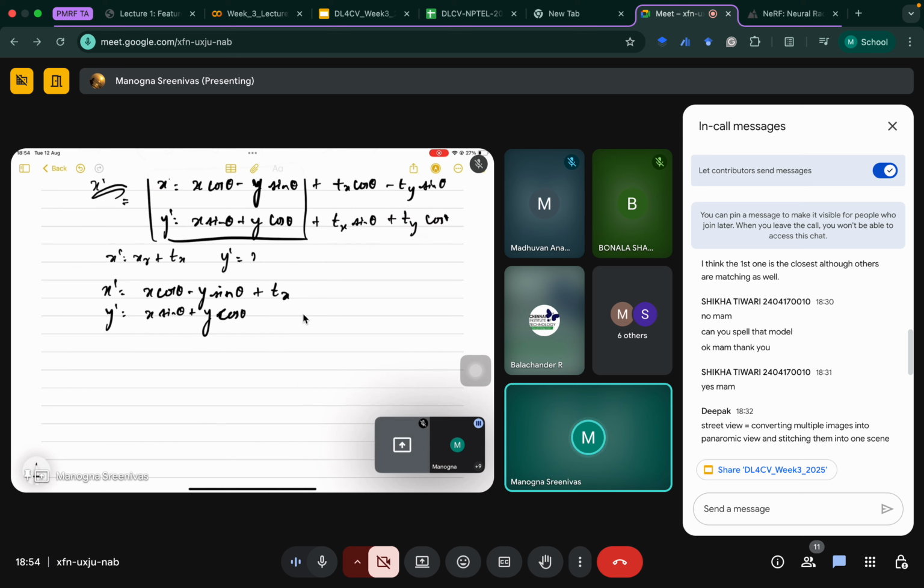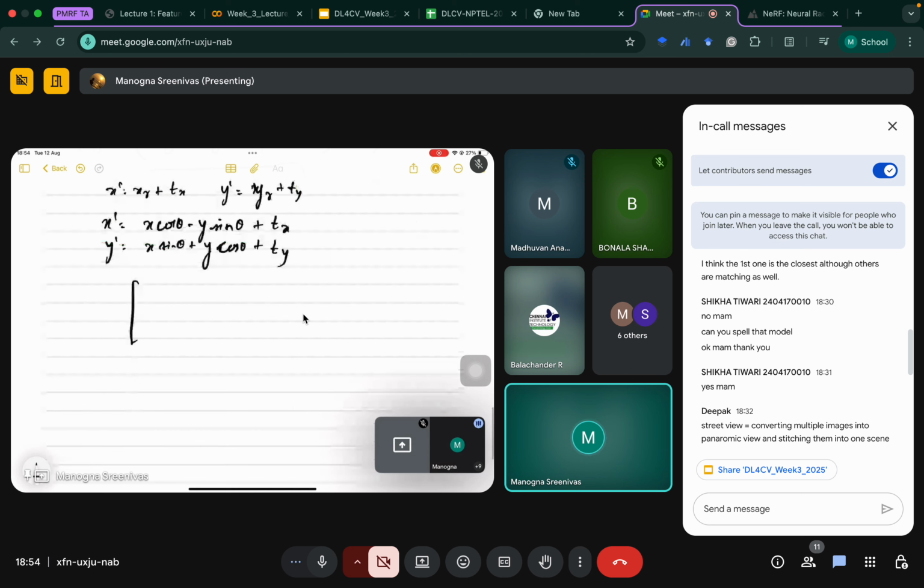Similarly y prime is the rotated y coordinate plus ty. So my transform to do rotation and translation is actually cos theta, minus sin theta, 0; sin theta, cos theta, 0; tx, ty and 1.